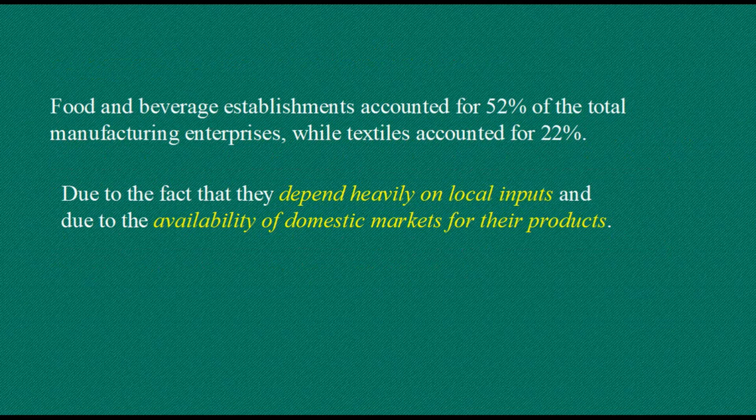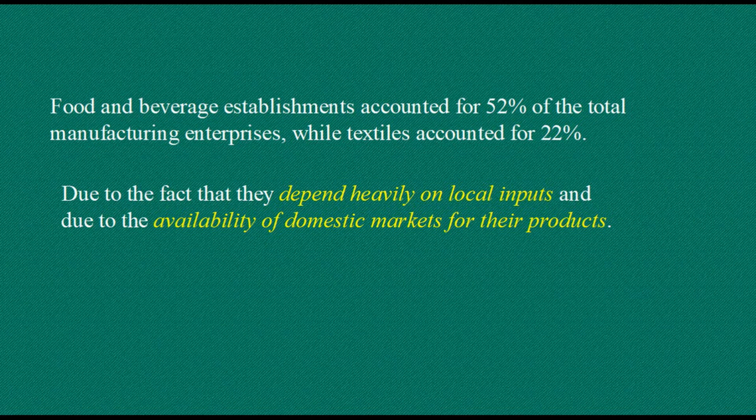Food and beverage establishments account for 52% of the total manufacturing enterprises, while textile accounts for about 22%. Why are these two manufacturing enterprises expanding this much more than other manufacturing enterprises? This is due to the fact that they depend heavily on local inputs.